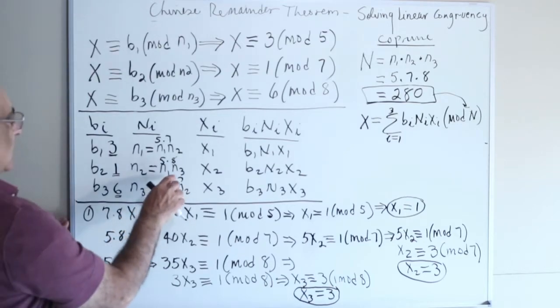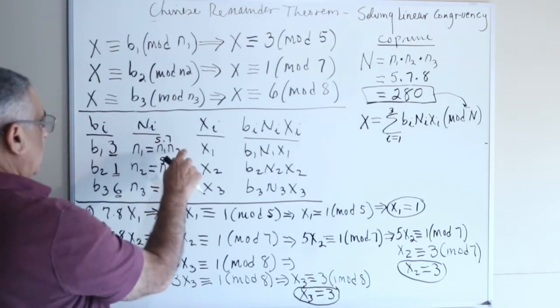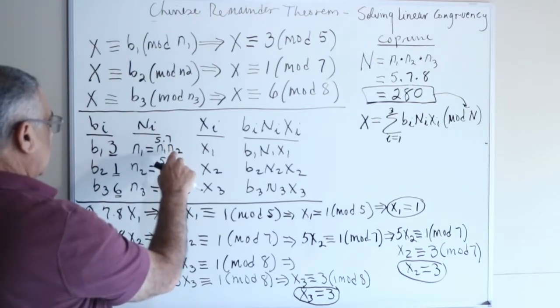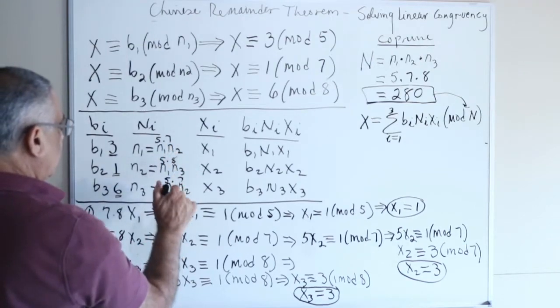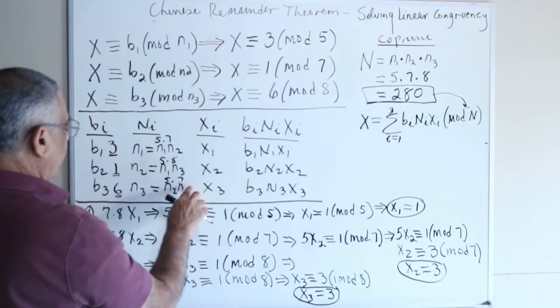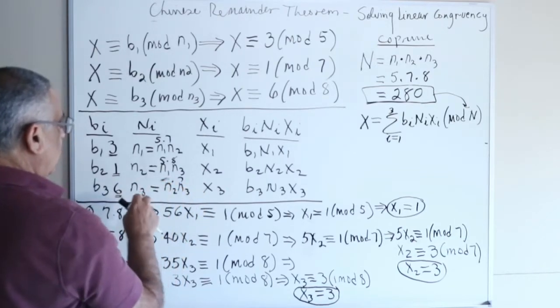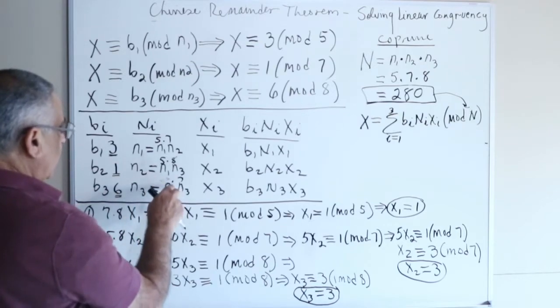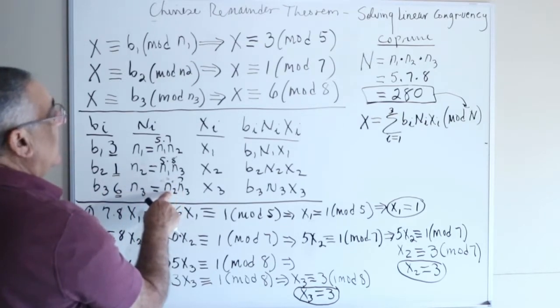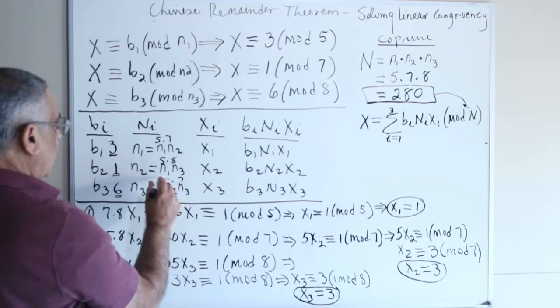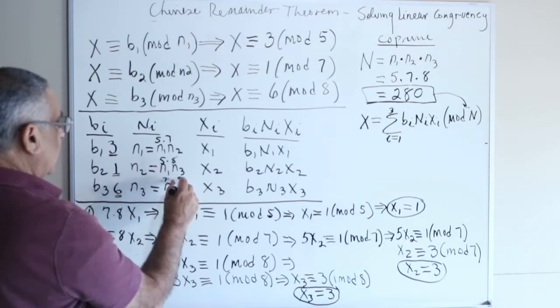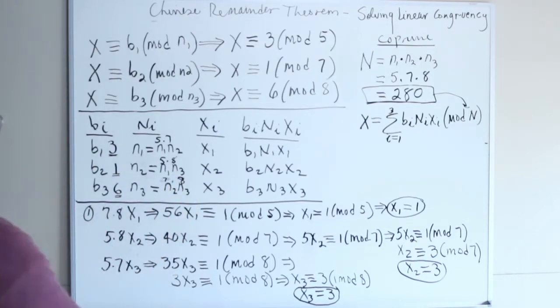So this is already repeated. That was a mistake; this should be n2 and n3. So n2 is 7 and n3 is 8. Okay, now I have all the different combinations.